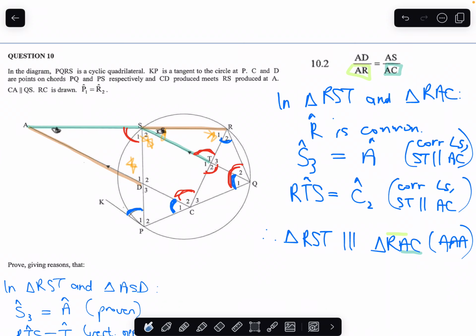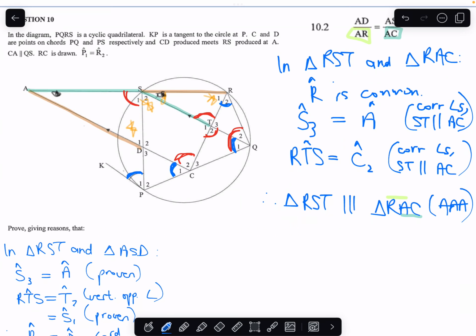And then from the second one, we'll get to the second one just now. Let's deal with that first. So, the first two, RS over RA is equal to ST over AC. Right, and we saw that the end goal is to get a fraction involving these two.